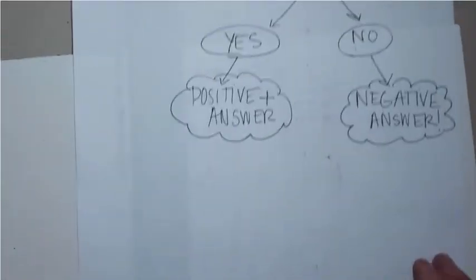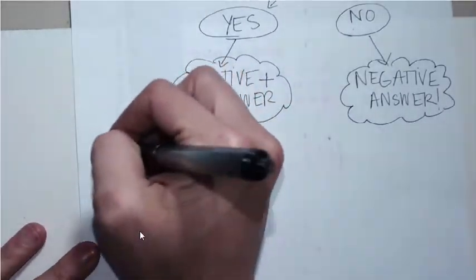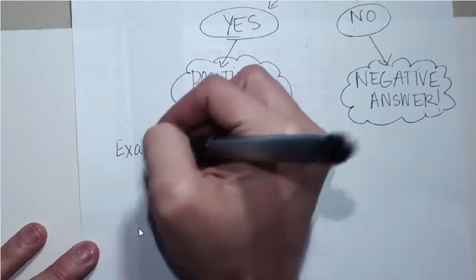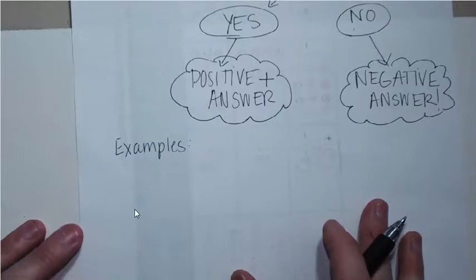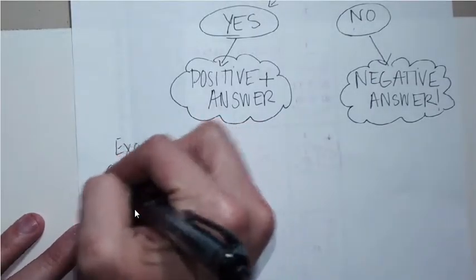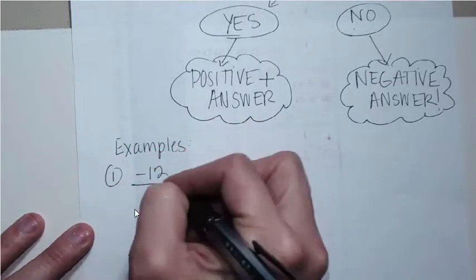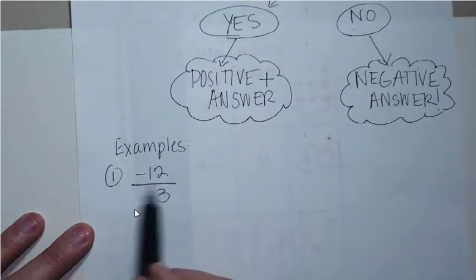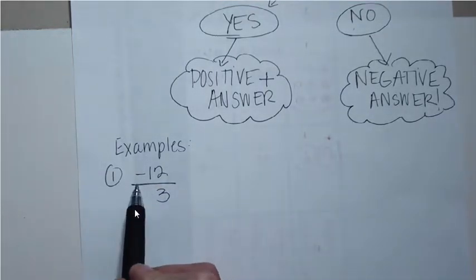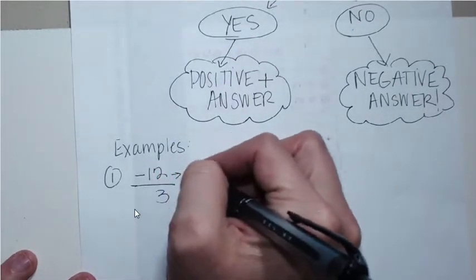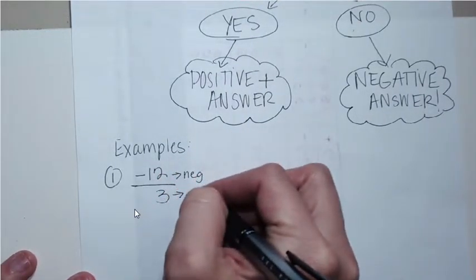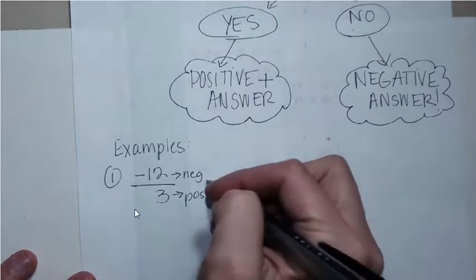Here are some examples. When we see fractions, the fraction bar represents divide. Let's say we have negative 12 divided by 3. This one's negative, this one's positive, so they do not have the same sign.